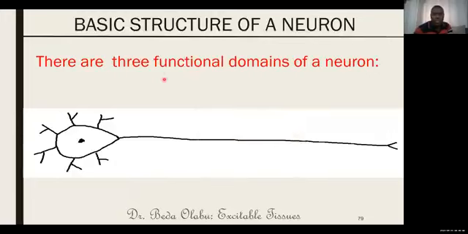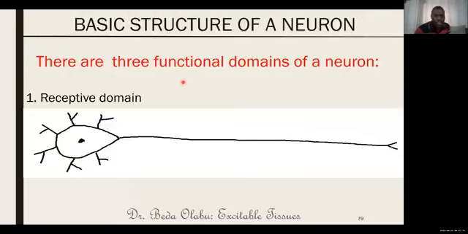What I've drawn here is largely focusing on these functional domains of a neuron. So from your diagram, these three must come out, plus others that I'm not going to mention. There are three functional domains of a neuron.